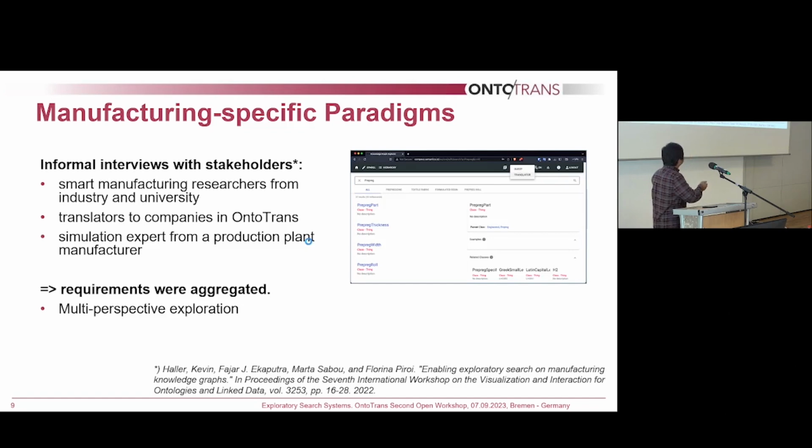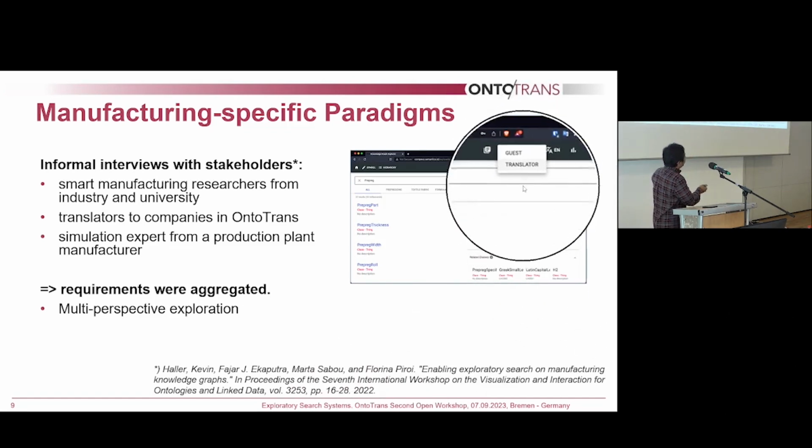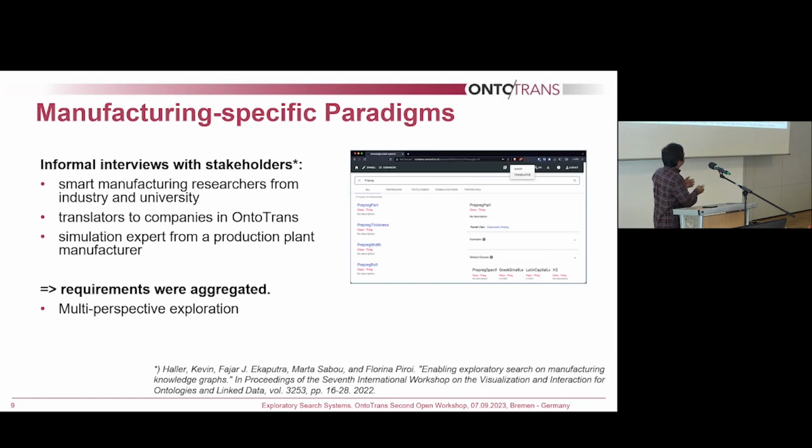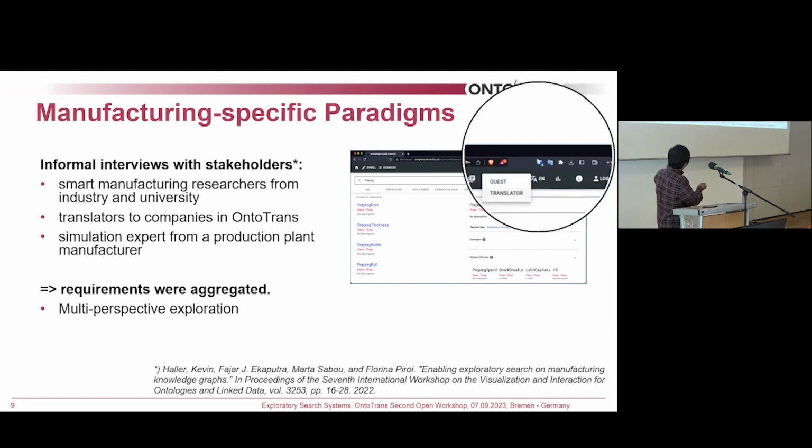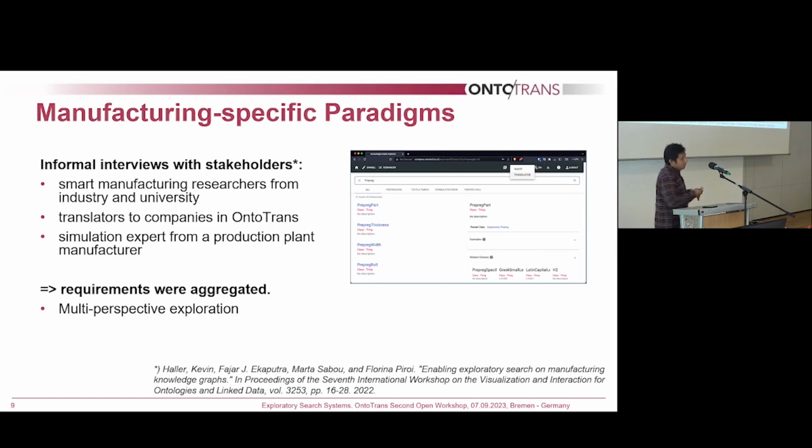It means that depending on the role that you have inside of this process, you might want a different kind of visualization of the data. Here, we only have two roles, guest and translator, where the translator has more in-depth knowledge about what is inside, so we provide them with the capability to filter the data based on what they need. But guests, for example, we assume don't really have the background on that, so we only provide two visualizations.